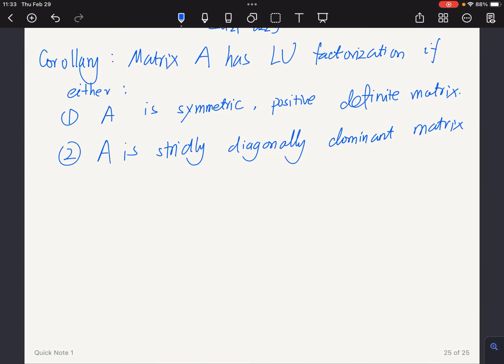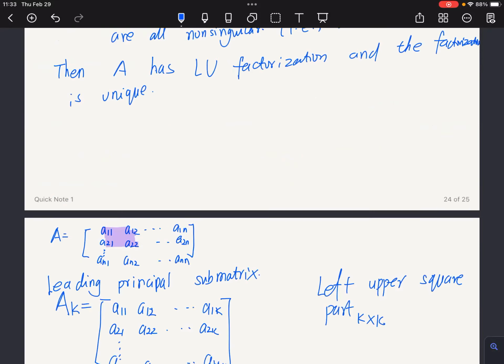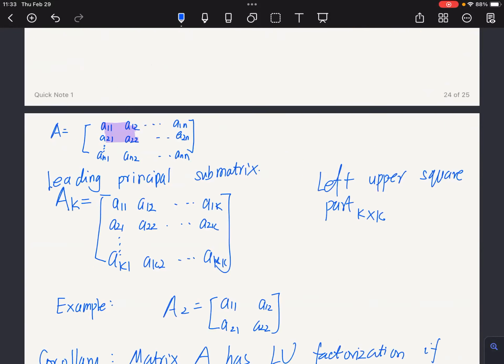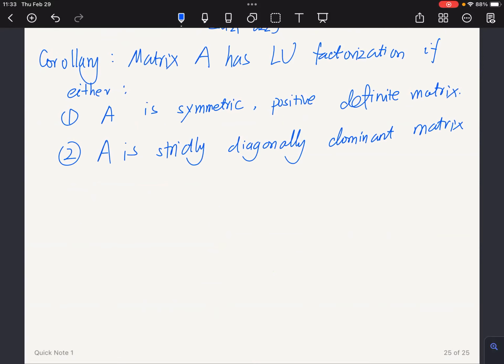So let's take a look at why the first case is correct. If we have theorem 9.1, why does the symmetric positive definite matrix satisfy criterion 2 here? The leading principal submatrices are all non-singular. Actually, if you go to the textbook, there's one theorem to help us go from the theorem to the corollary here.